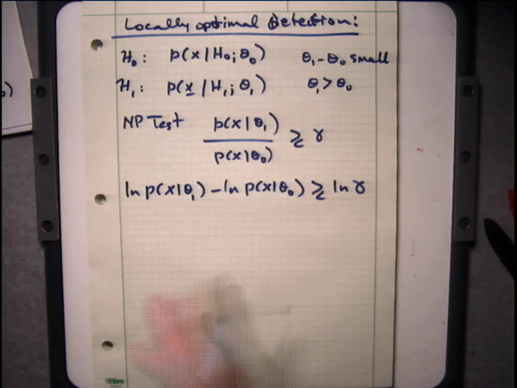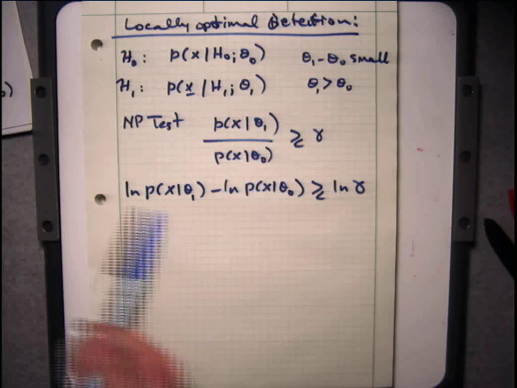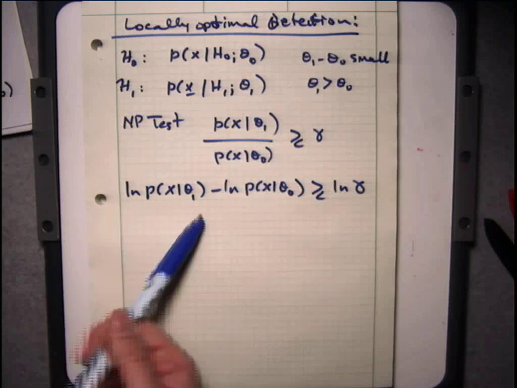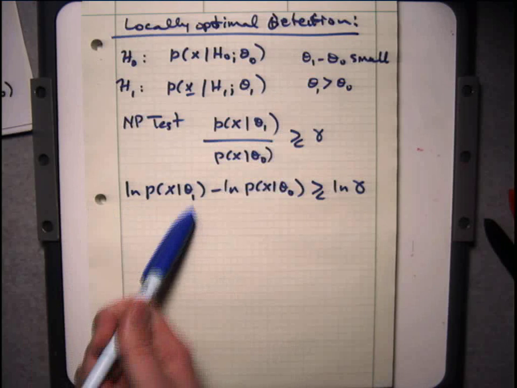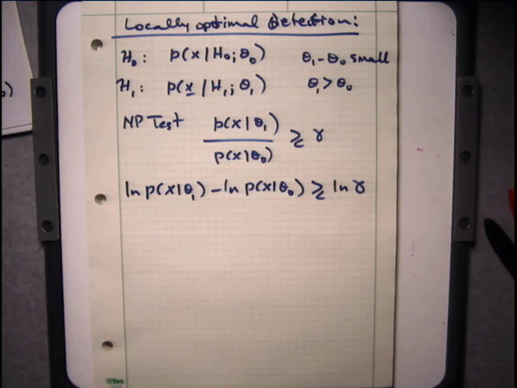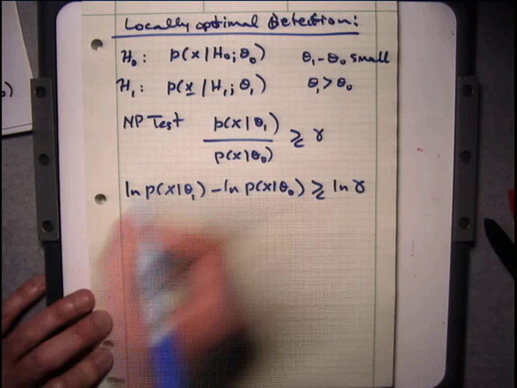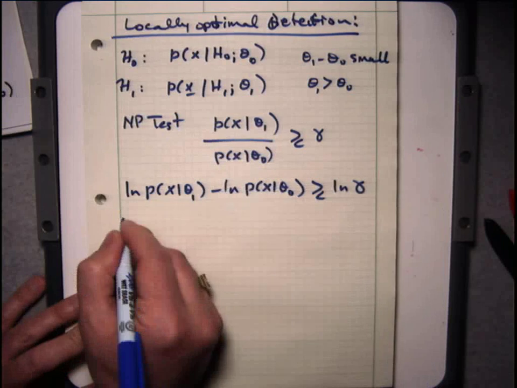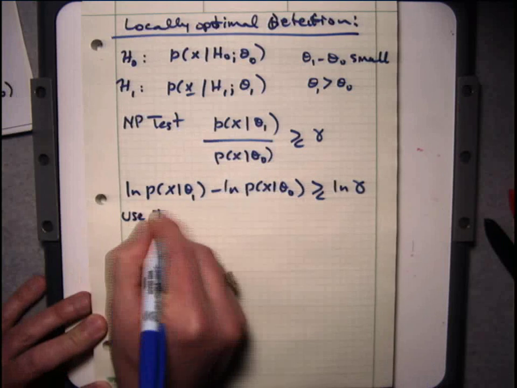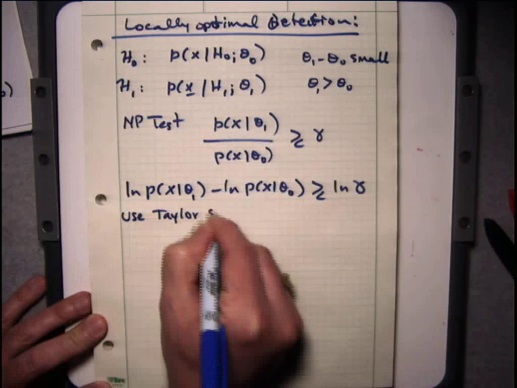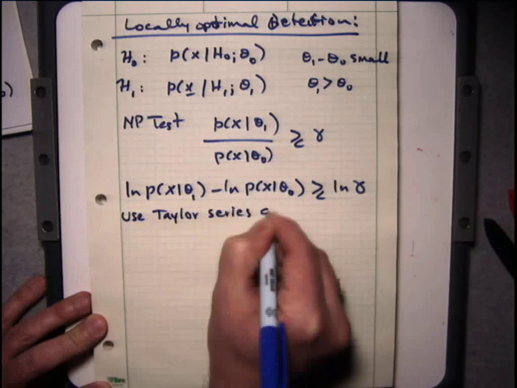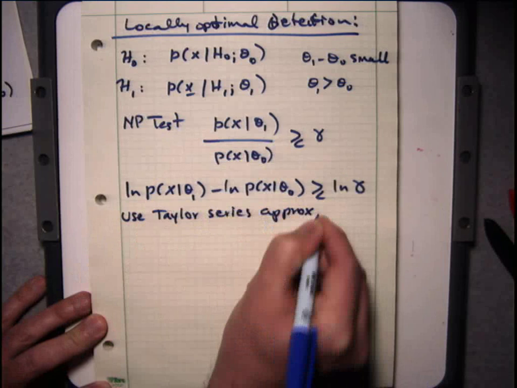Now, the next step is simply going to use this property. If theta 1 and theta 0 are really close to each other, then I can take this and write it as a Taylor series around this other parameter. Because this small assumption is true, I use a Taylor series approximation, and I write this.